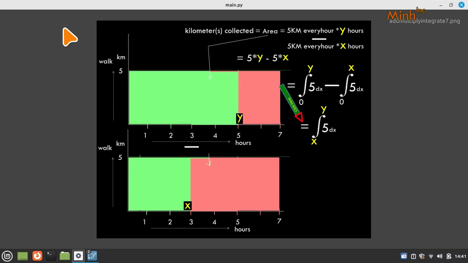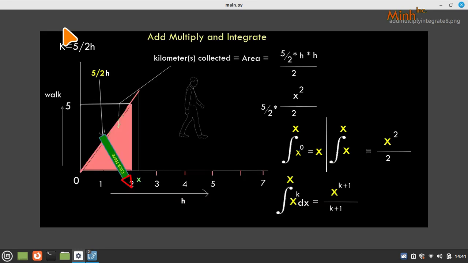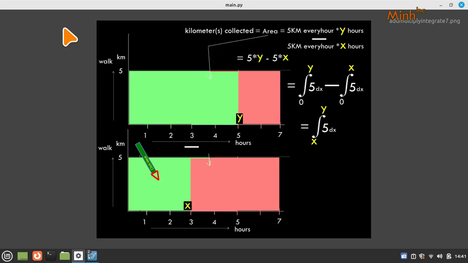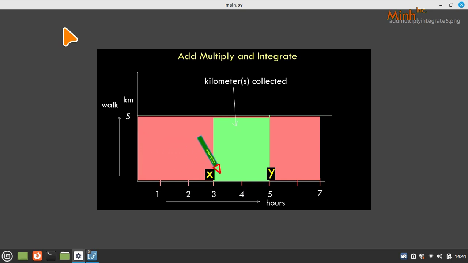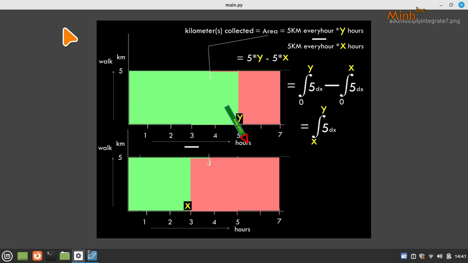So now I can write the integration from x to y of fx, that is 5 dx. If someone is writing 5 dx from x to y, it means the area up to y, the area up to x, and then subtraction, that is the intersection area. Okay, so this is clear.